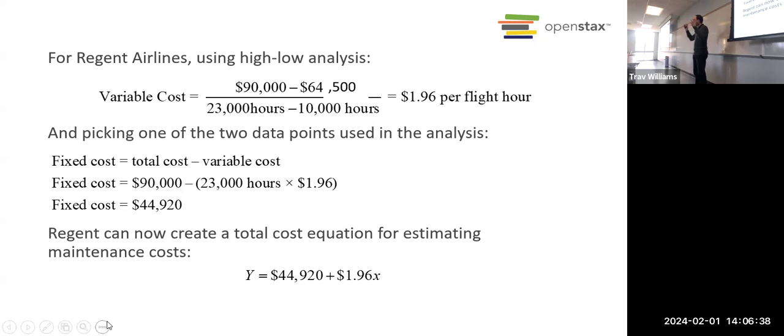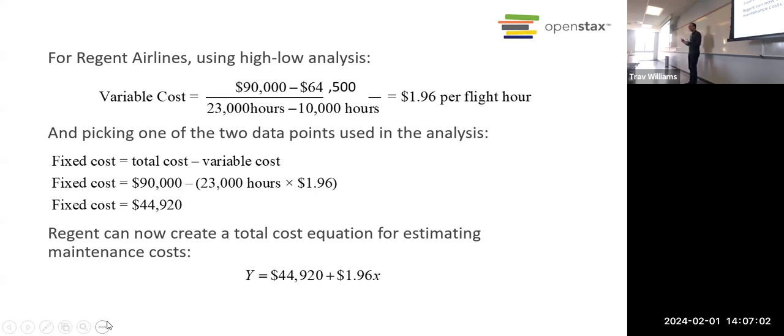You take that difference in cost, divide it by the difference in activity, and we get the variable cost per unit of activity. So in this case, it's $1.96 of variable cost for every flight hour. We were able to extrapolate that out of these mixed costs.